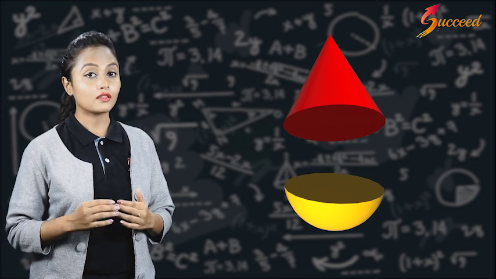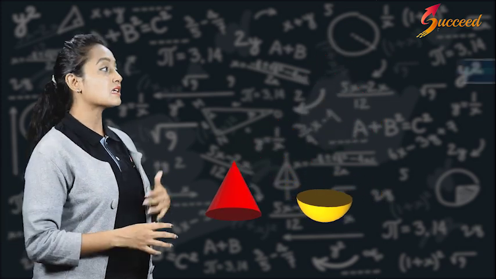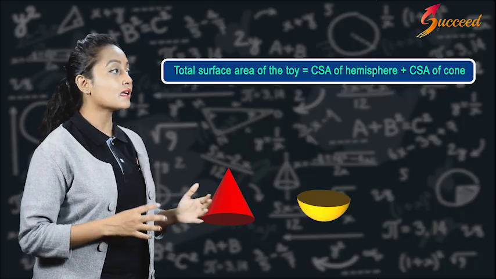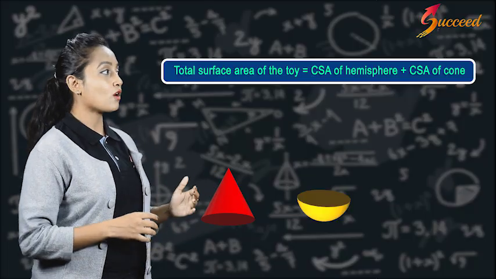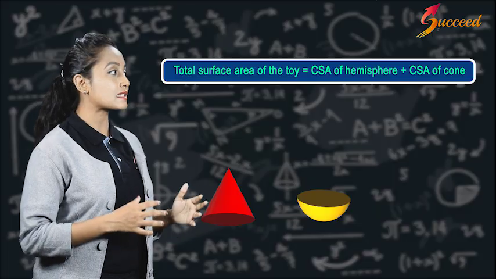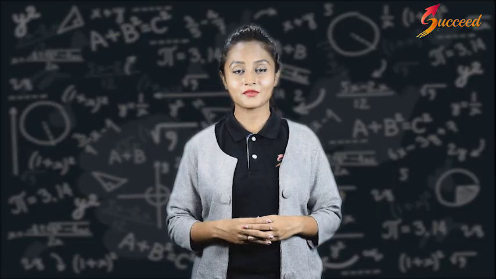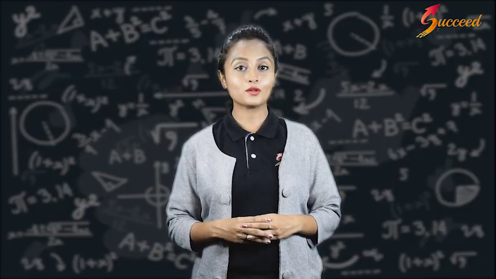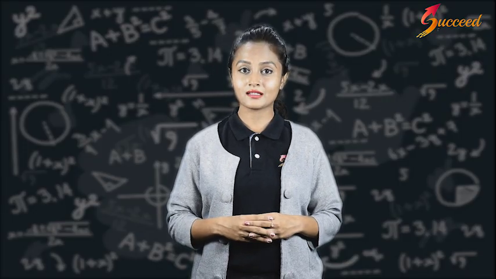Therefore, you can write this as: TSA of this toy is equal to CSA of the hemisphere plus CSA of the cone.